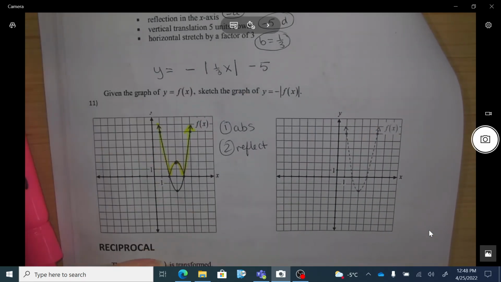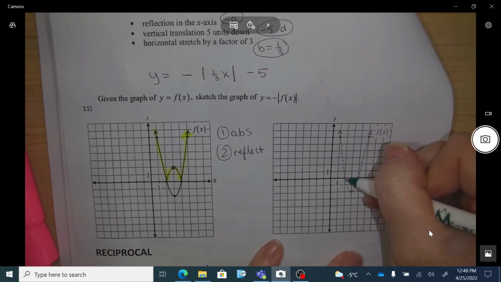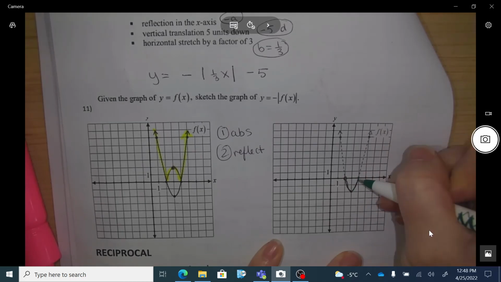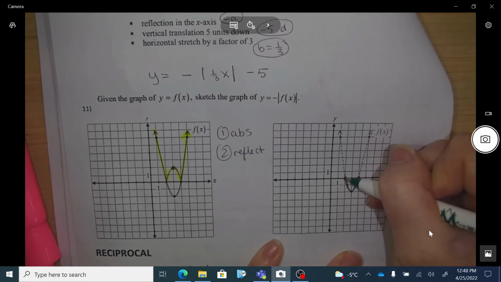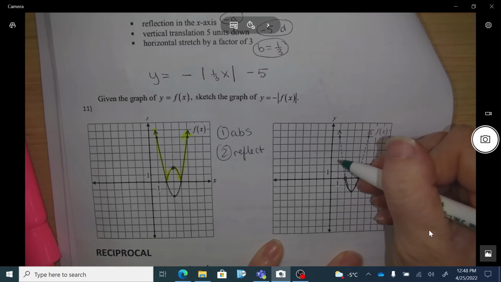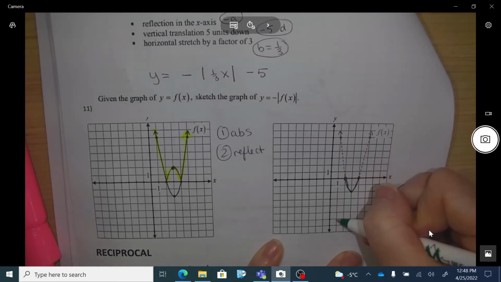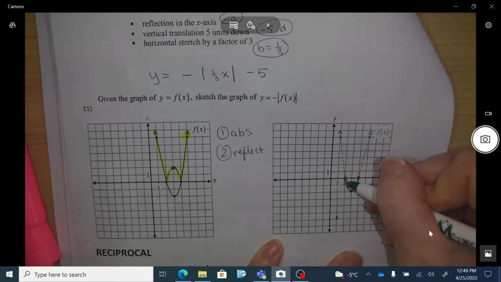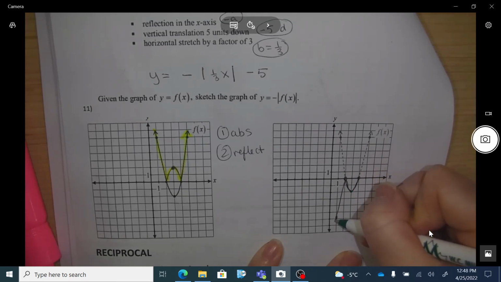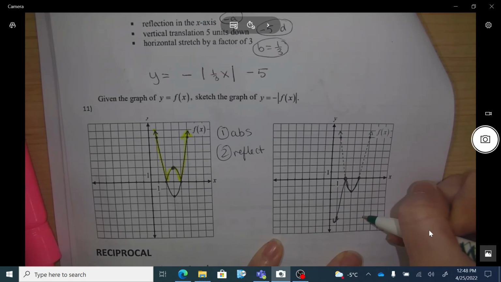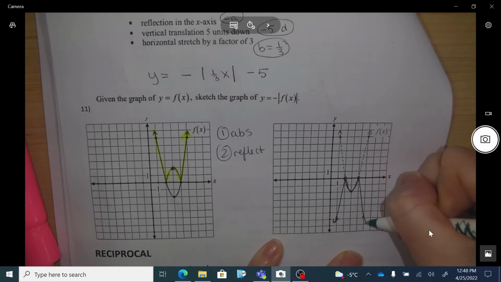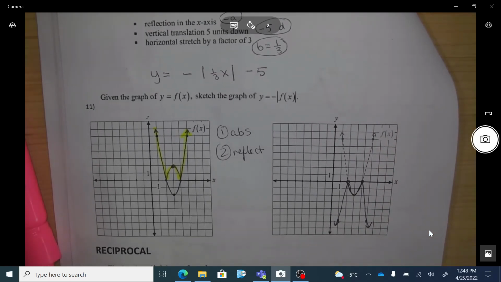Then I'm going to take that and reflect it. So one, 2, 3, 4, 5, 6 height. 1, 2, 3. So that's what it will look like.